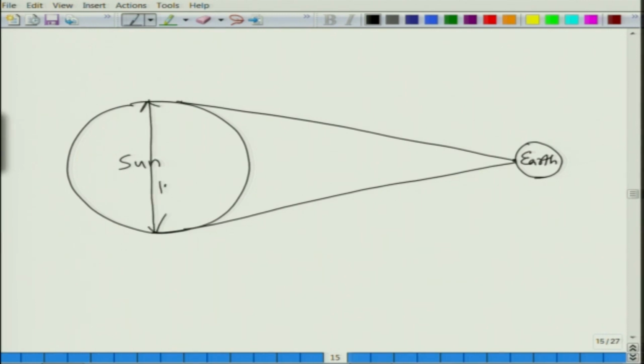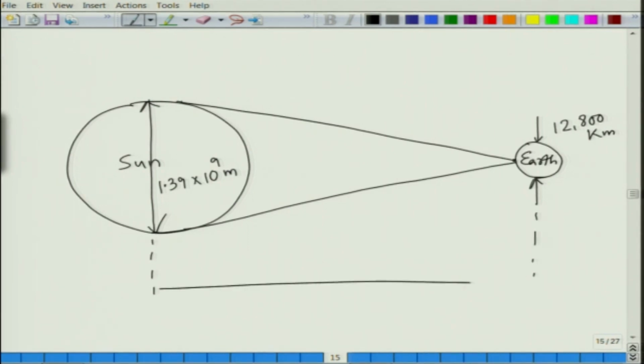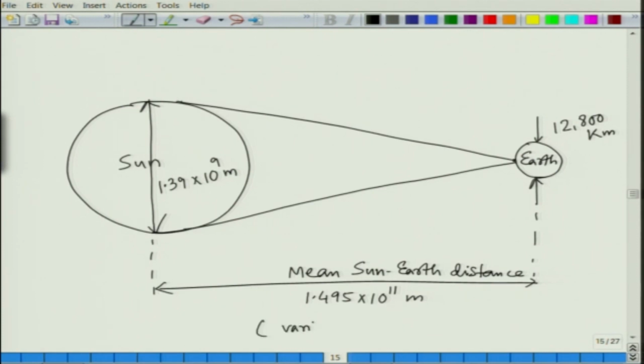The Sun diameter is about 1.39 times 10 to the power 9 meters, and the Earth diameter is this many kilometers. And the distance between these two centers, that is the mean Sun-Earth distance, is 1.495 times 10 to the power 11 meters, and that distance varies, the variation being plus or minus 1.7%.